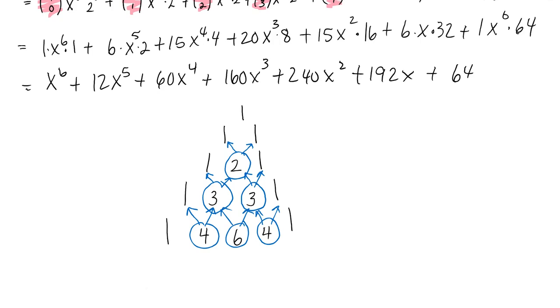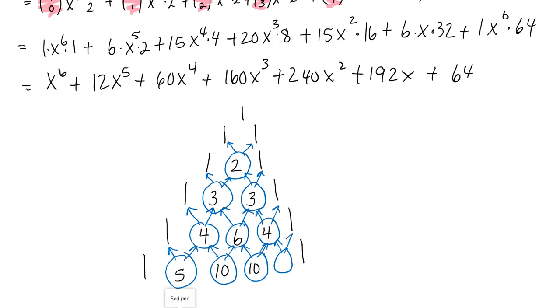Let's do another row of Pascal's triangle. That's 1s on the edge. This time we're going to have 4 numbers. We're going to use the 1 and the 4 to create 5, the 4 and the 6 to create 10, the 6 and the 4 to create 10, and the 4 and the 1 to create 5.